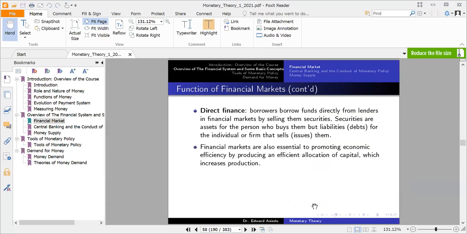So direct finance, borrowers borrow funds directly from lenders in the financial market by selling them securities. Okay, and securities are assets for the person who buys, but a liability for the individual firm that sells. Okay, all that issues. Financial markets are also essential to promoting economic.